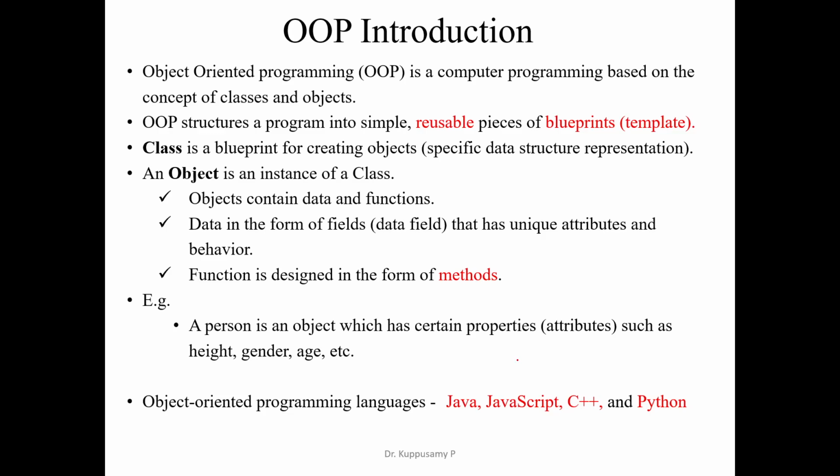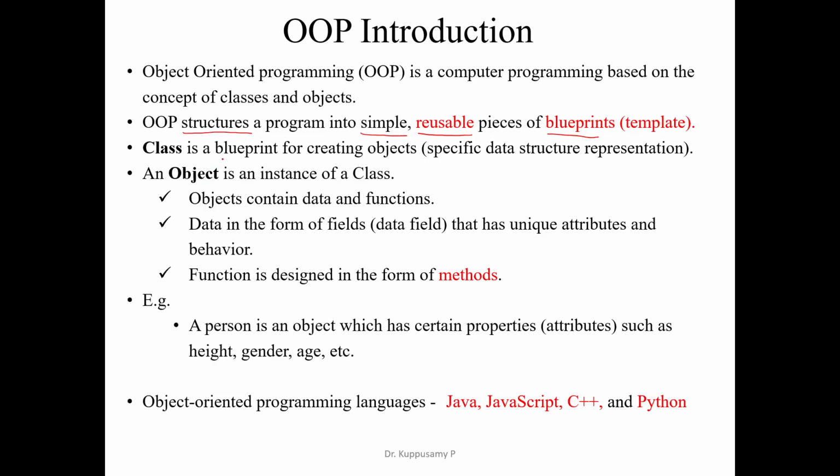That means OOP has two kinds of concepts, classes and objects, and OOP structures the given program into simple reusable pieces of code in the form of blueprints or template or prototype.